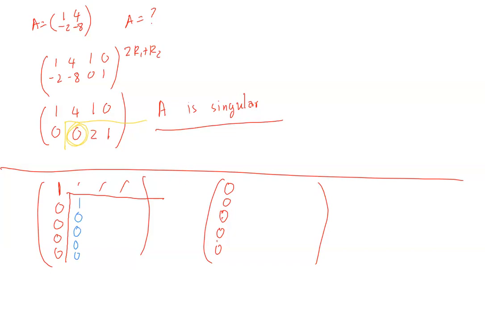If I can have 1, 0, 0, I do it, possibly by bringing on the top a row that has a non-zero entry, or if I see zeros, I move on to the next. Are there any questions, please?